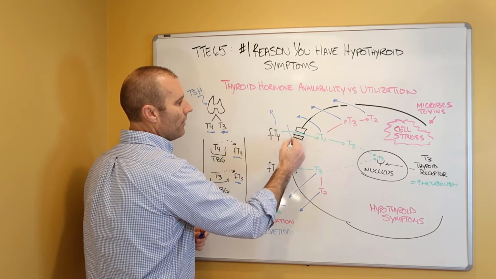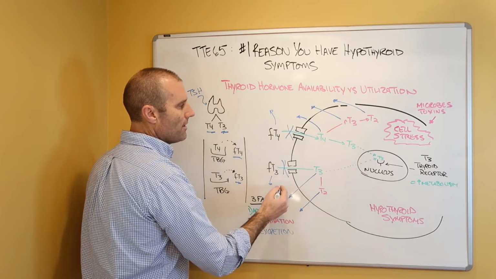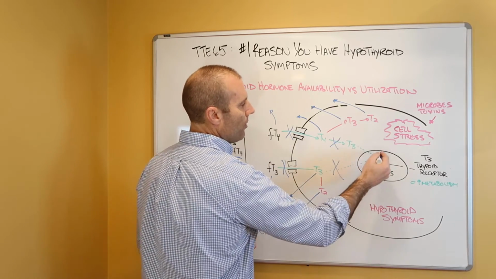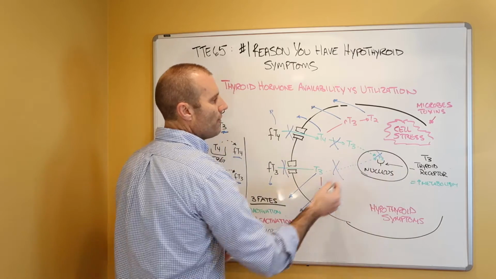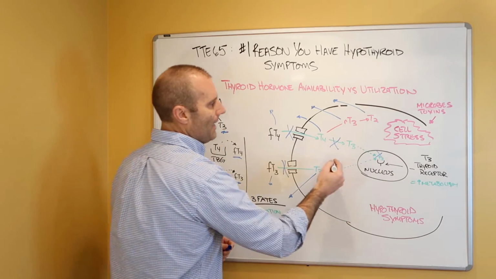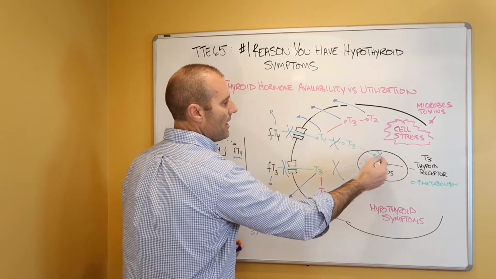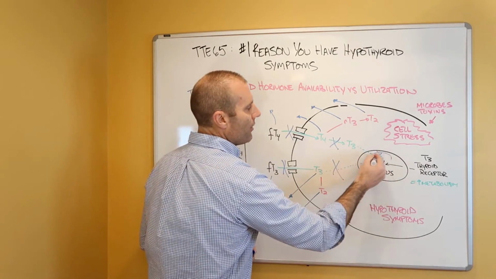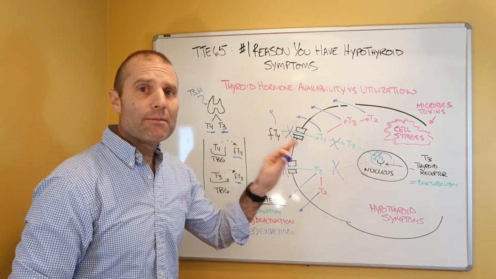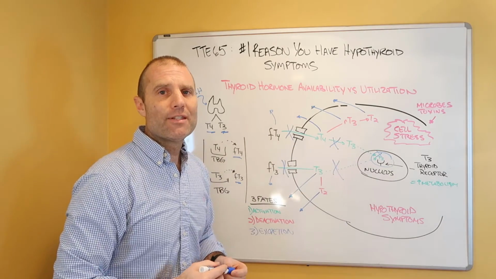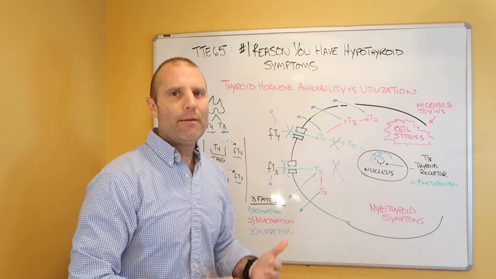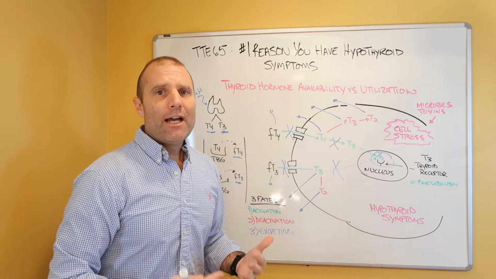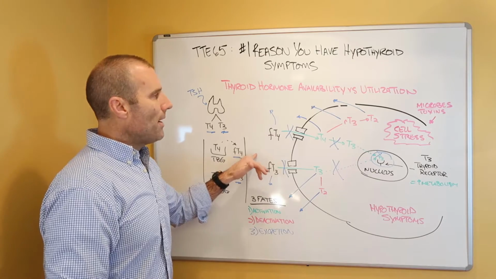So you could have decreased transport into the cells, you can have decreased activation of thyroid hormone, you can have insufficient levels of T3 occurring, and any of these steps being blocked is going to result in decreased thyroid hormone, T3 specifically, getting to the nucleus of the cells, and is going to result in hypothyroid symptoms.